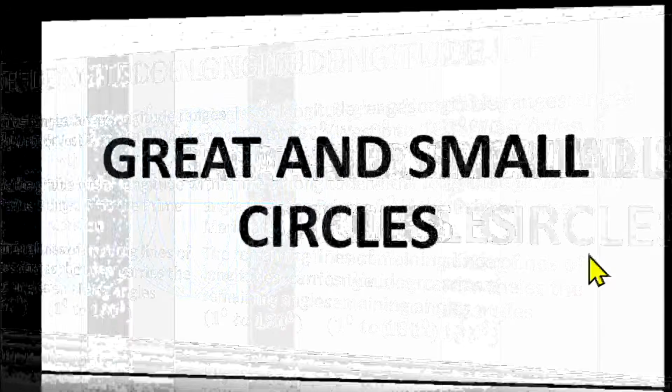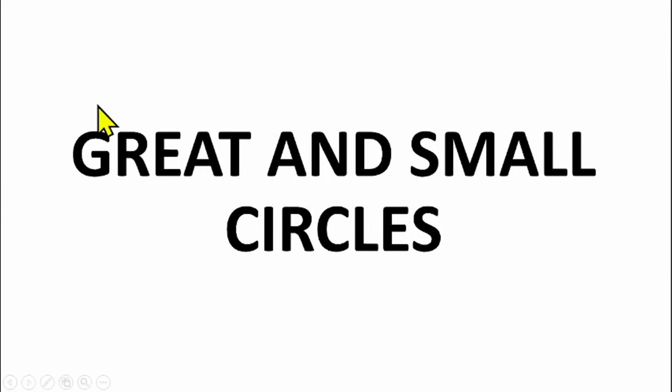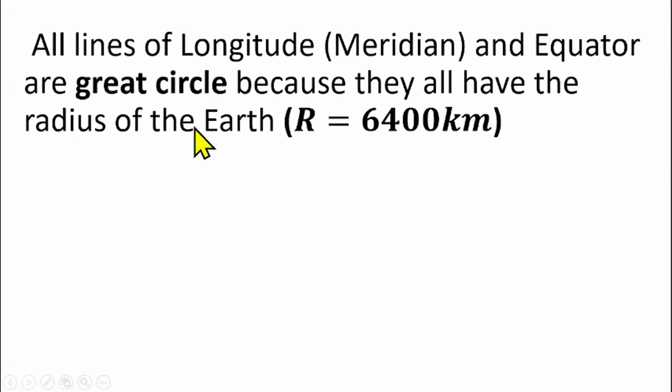Now from there, we need to differentiate between great circles and small circles. All these things we are learning, you are going to be using very soon in our calculations. Of course, when we look at the Earth's surface, the horizontal lines, which are called latitude, look round and form a circle, and the vertical ones, which are called lines of longitude, also move around and form a circle as well.